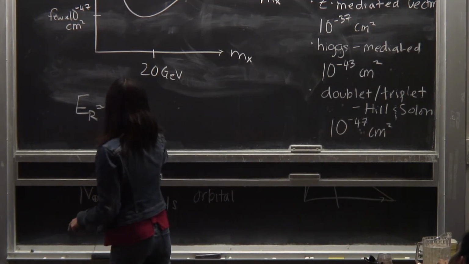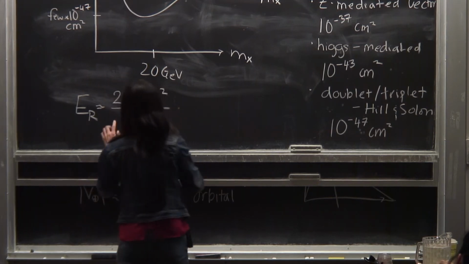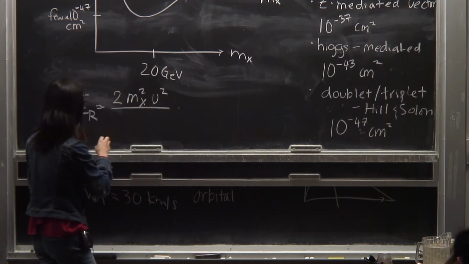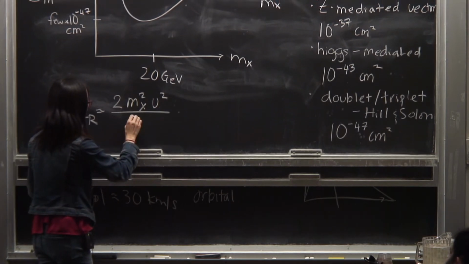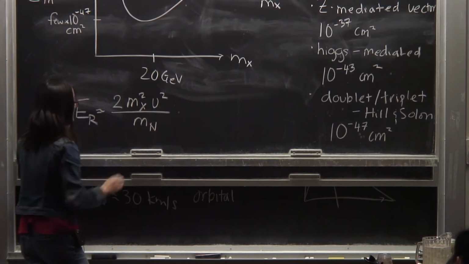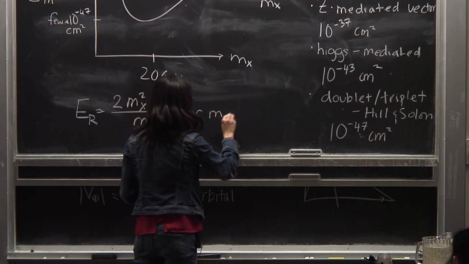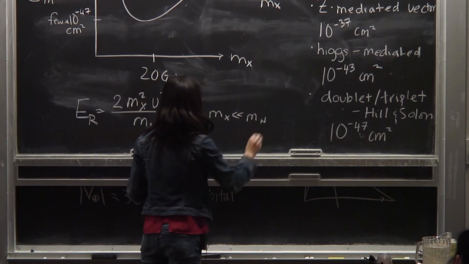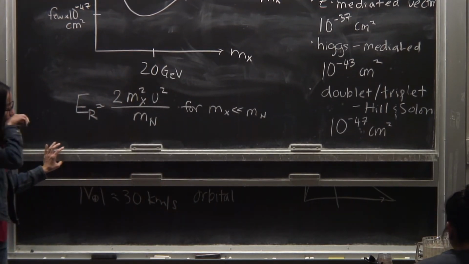It drops as the dark matter mass squared. So it's not going to work for the sub-GeV dark matter I talked about.